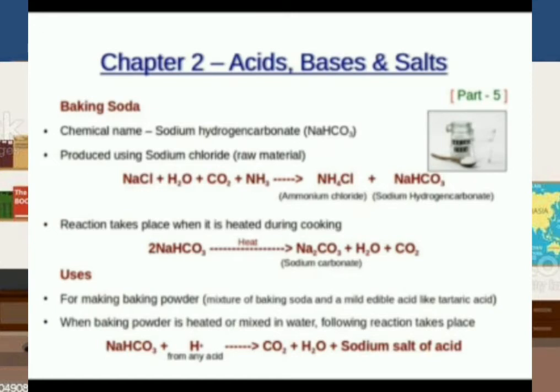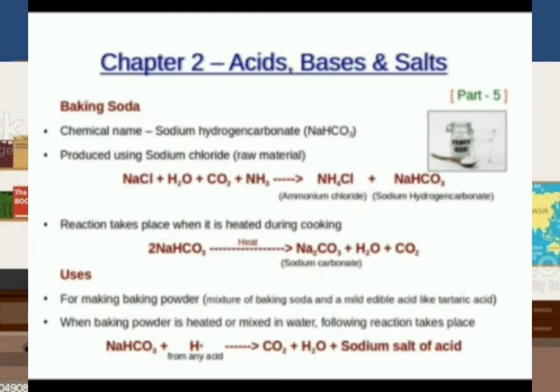When we heat the baking soda, we get sodium carbonate, H2O and CO2. Here the CO2 helps in making cakes, etc. We use baking soda for making baking powder.